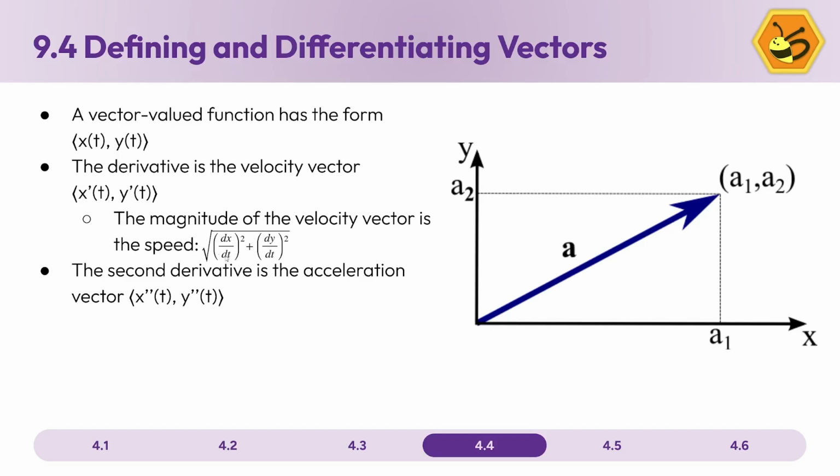So to find that, we can use the Pythagorean theorem on these two derivatives. And then that gives us our speed, which is the magnitude of our velocity vector. And then if we take the second derivatives, we will get our acceleration vector. So just a few things that I want to point out.